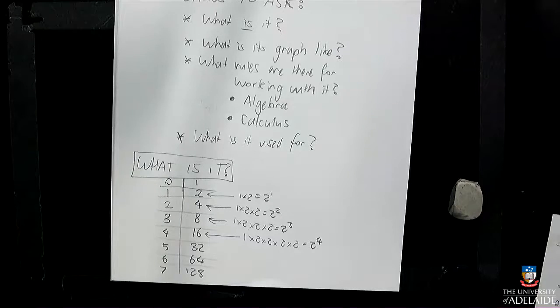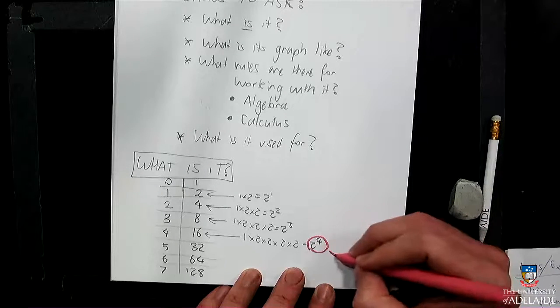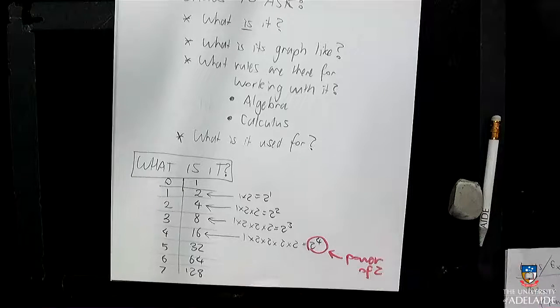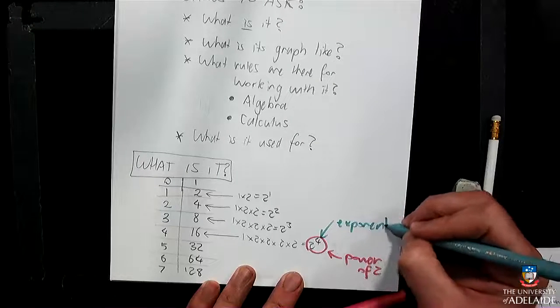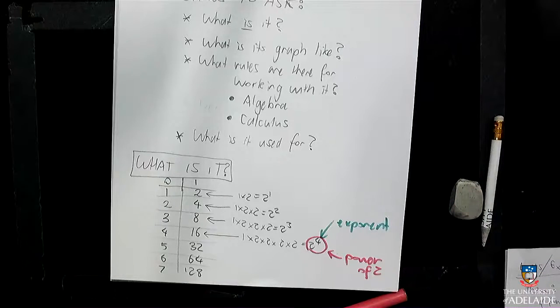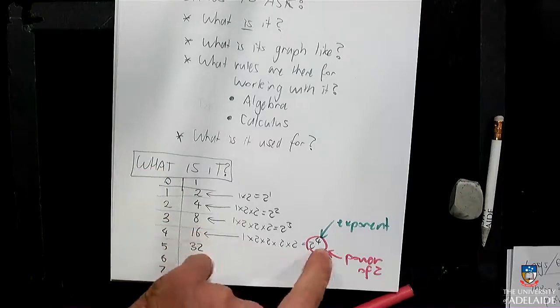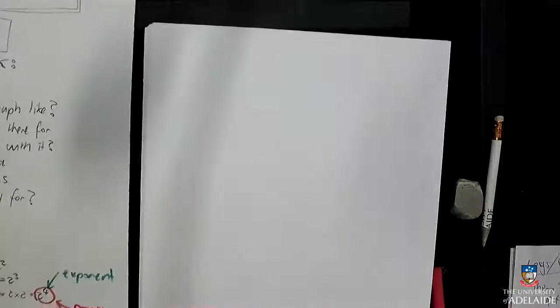So the whole thing is called a power of 2. And this thing up the top is called an exponent. And what we've done is we've created a formula where whatever this value here is ends up in the exponent of this. And so it's called an exponential function.